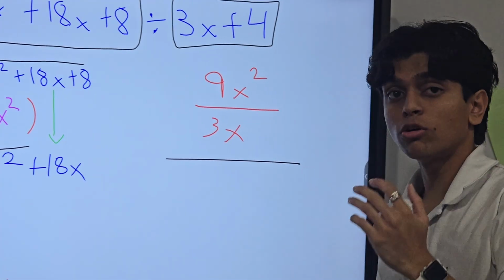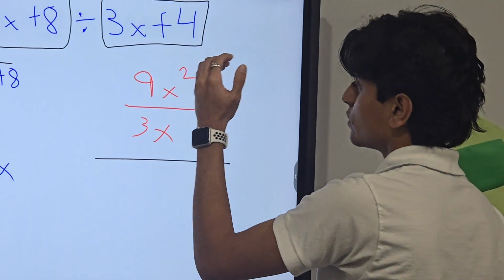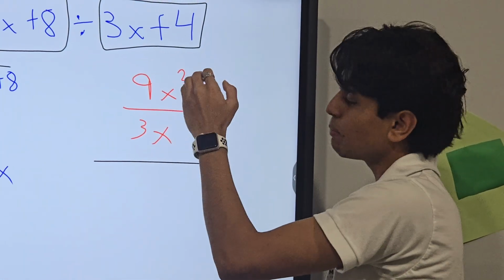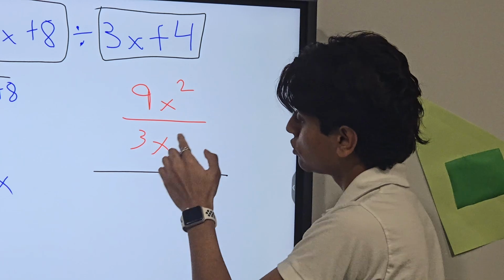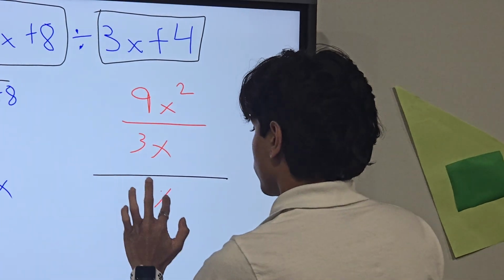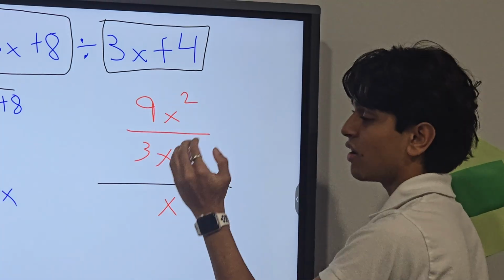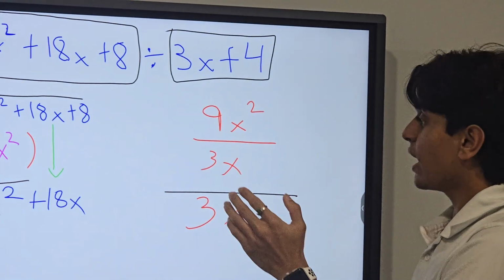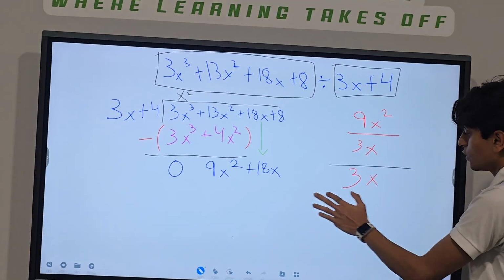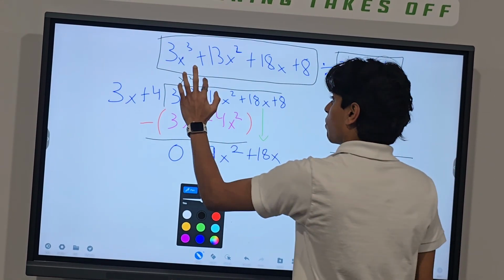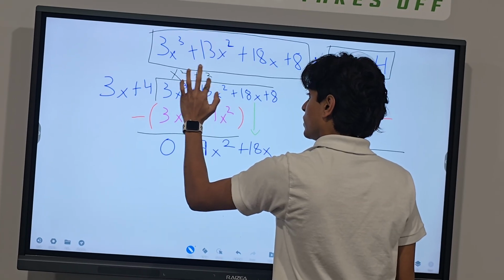And so using quotient rule, we know x to the second power divided by x, so you subtract the powers, 2 minus 1, and you get x. And then 9 divided by 3 is equal to 3. So 3x goes into 9x squared, 3x. So let's write that up here. Positive 3x.